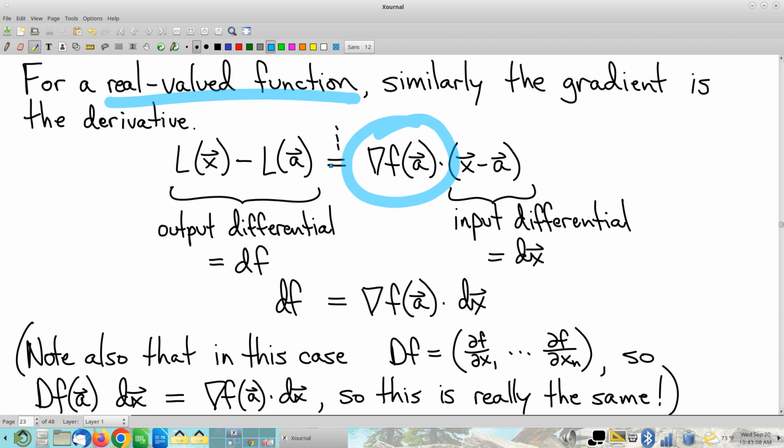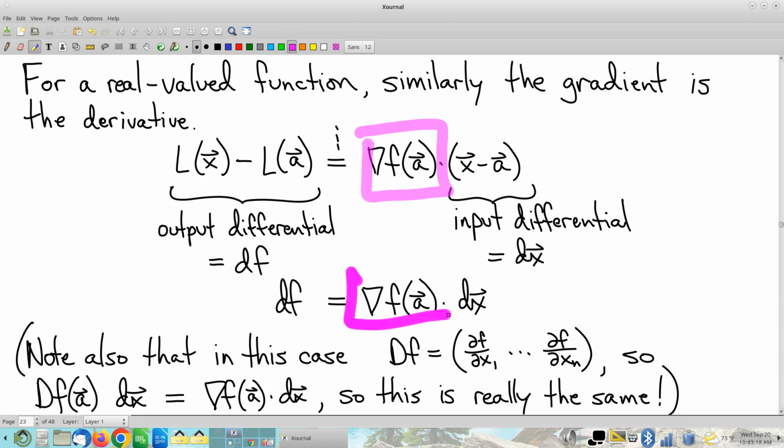And if you follow it all through, you get to this same result: that the gradient vector, specifically the dot product with the gradient vector, is what multiplies by input changes to get output changes. So that's a different way to think about it if you prefer.